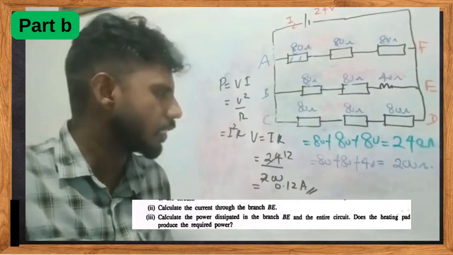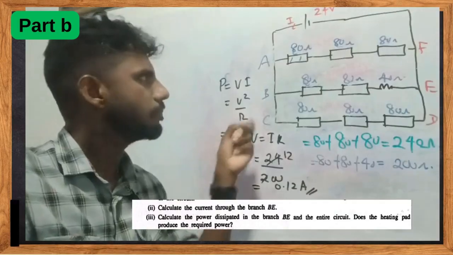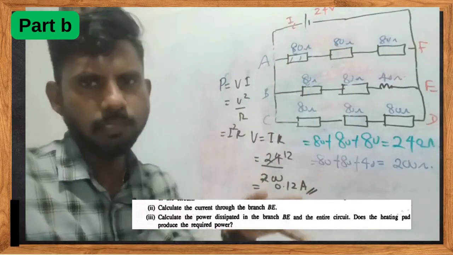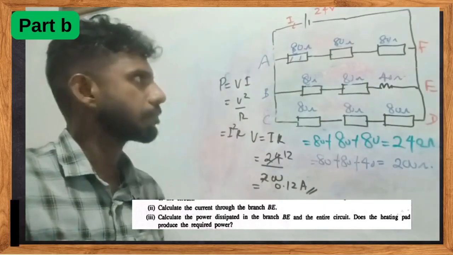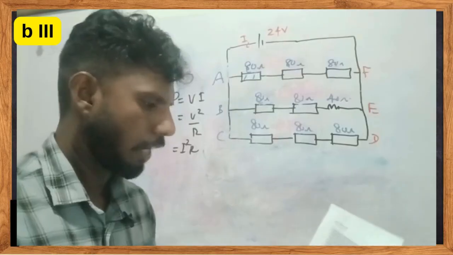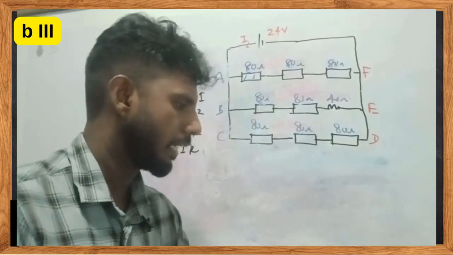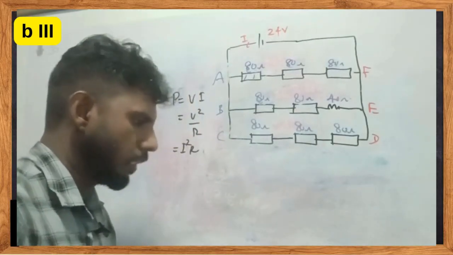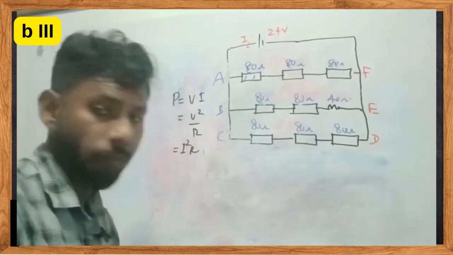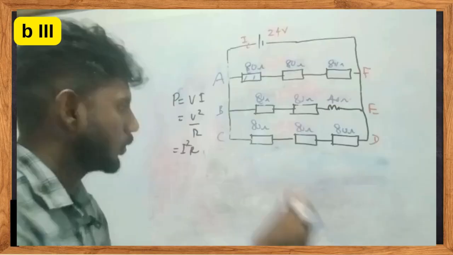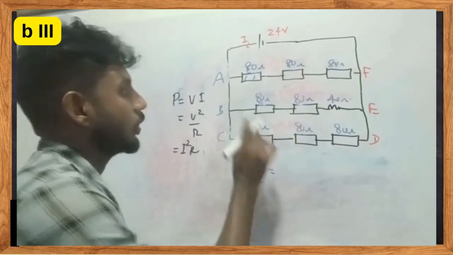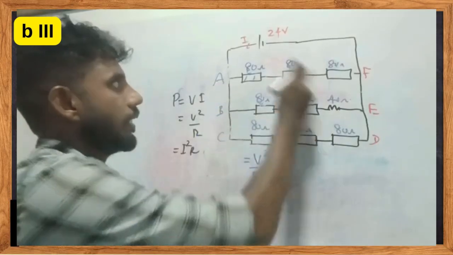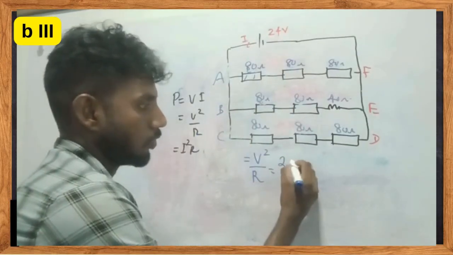So we have to use one of these three equations. Here the easiest one to use is V squared over R. We are given the voltage and the resistance is available. So let's try that over here, finding the power between the heating elements. So let's find BE power first. I'm going to apply the V squared over R equation. The potential difference across BE is 24 squared.